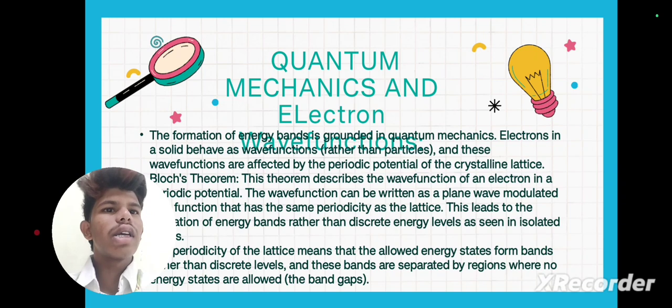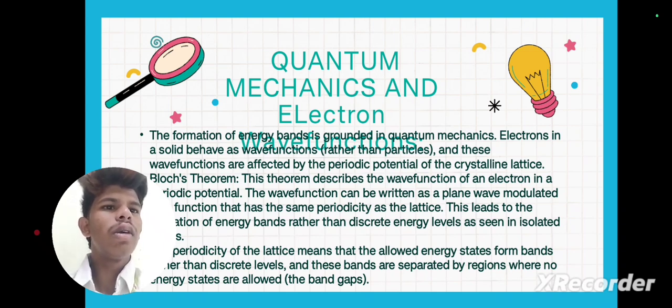Quantum mechanics and electron wave functions. The formation of energy bands is grounded in quantum mechanics. Electrons in a solid have wave functions, and wave functions are affected by the periodic potential of the crystal lattice. Bloch's theorem describes the wave function of an electron in a periodic potential.